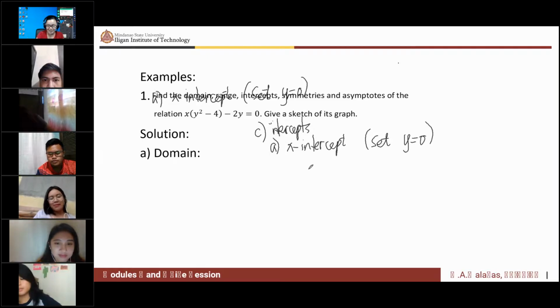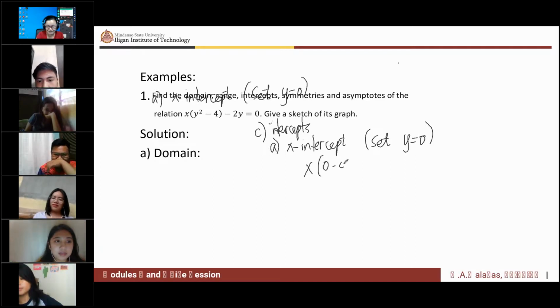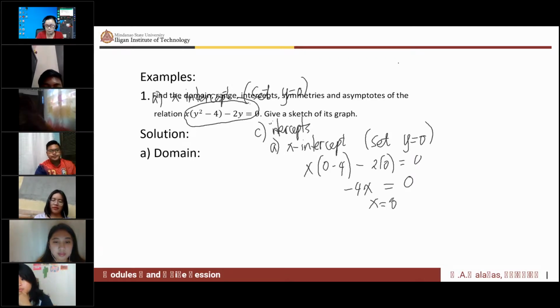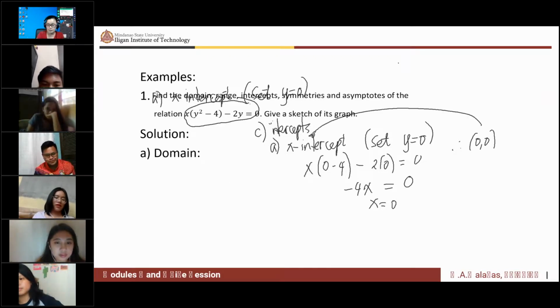We're almost done anyway. So when y is 0, we get x times 0 minus 4. You look at the equation, please class, and then minus 2 times 0 equals 0. So we get negative 4x equals 0. So x is 0. So therefore, (0, 0) is an x-intercept.